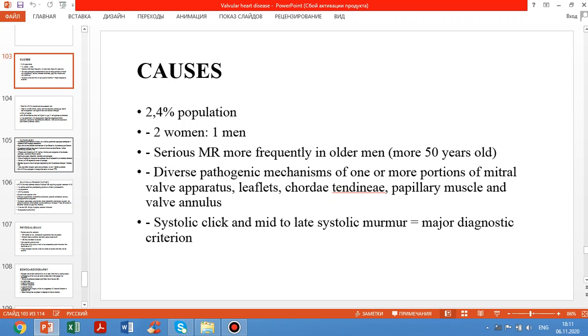Systolic click and mid to late systolic murmur are major diagnostic criteria.